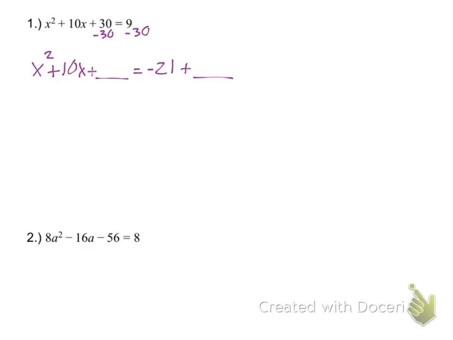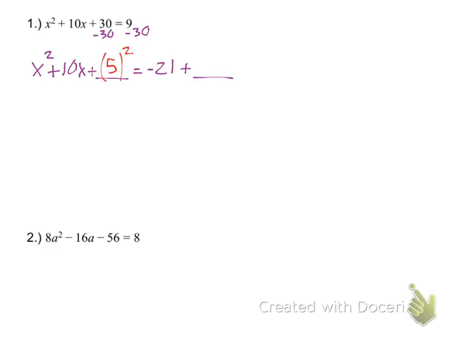We now have to add that step 3, which is half of b squared. What's b? Yes. 10. What's half of 10? 5. Okay, I'm going to change colors, guys, because it's going to become 5 squared. Not 25. Now, guys, careful.